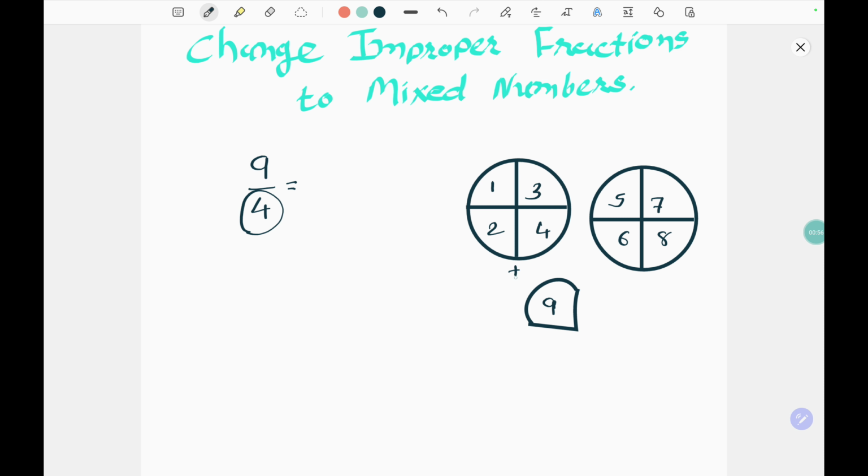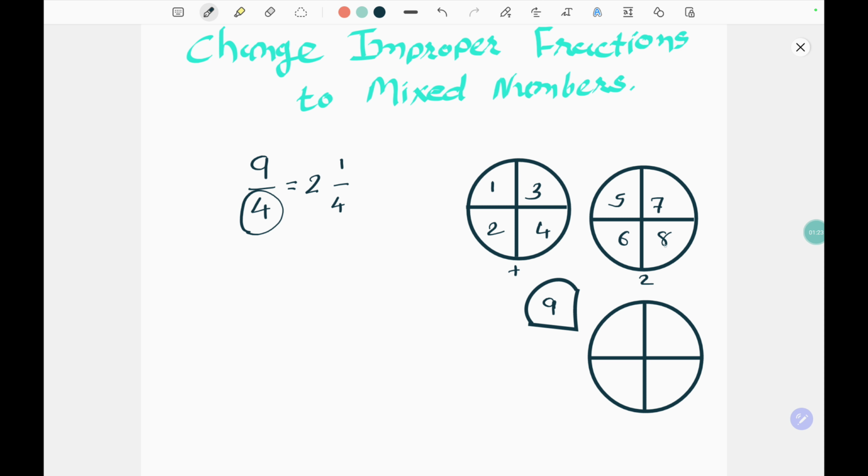So 2 whole circles means 2 whole, and what is the leftover? 1 part is a leftover out of 4, so 1/4. In short, here is 1 circle, and if I divide that circle into 4 parts, we are not using all 4 parts.